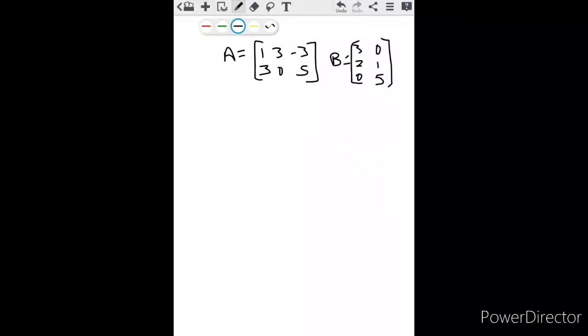We need to multiply AB. So our product would now be, we need to multiply our row by our first column in B. So we multiply the rows by the columns. Firstly we'll have 1 multiplied by 3 plus 3 multiplied by 2, and then plus negative 3 multiplied by 0.